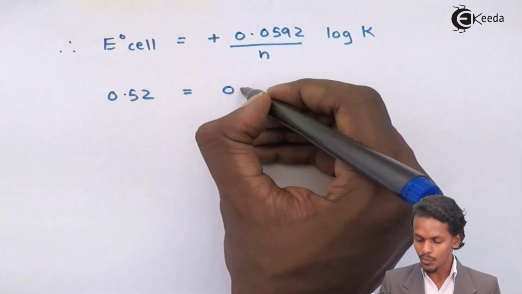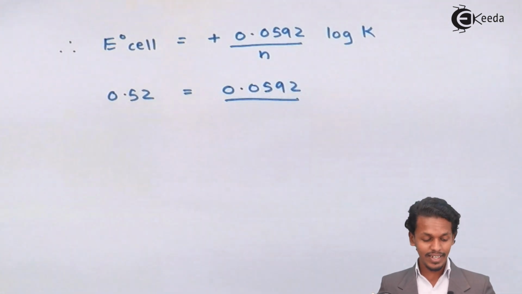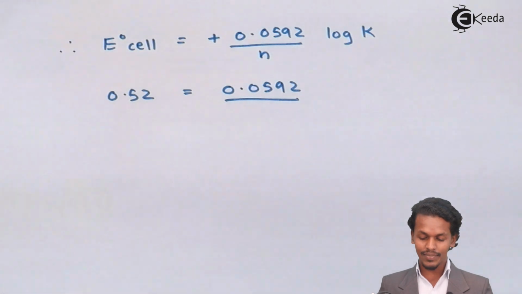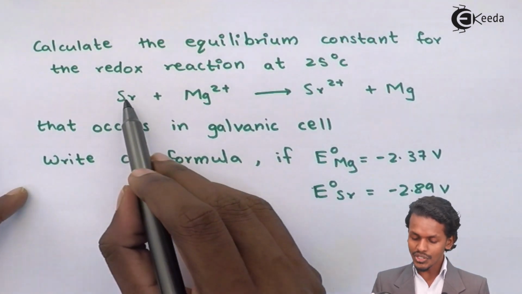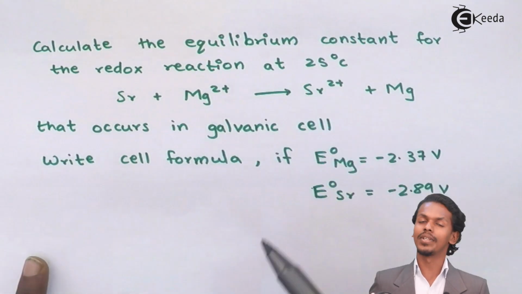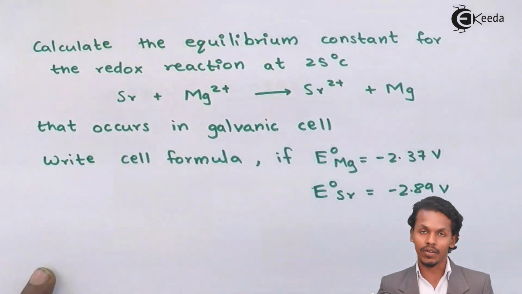So 0.52 is equal to 0.0592 divided by n log K. And what will be the value of n? As we have predicted earlier, the value of n in this case would be 2, because they have provided us that strontium is being converted into Sr2 plus. This is only possible if strontium has lost 2 electrons.